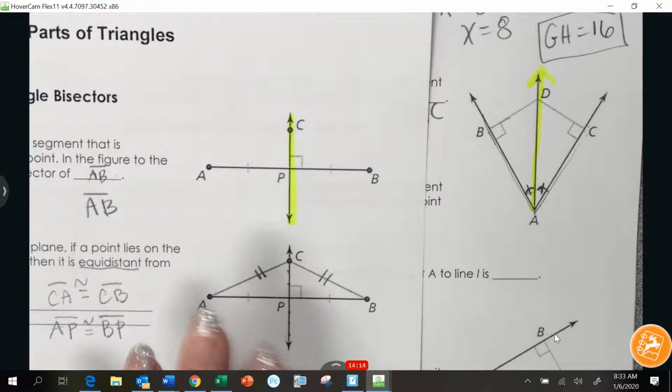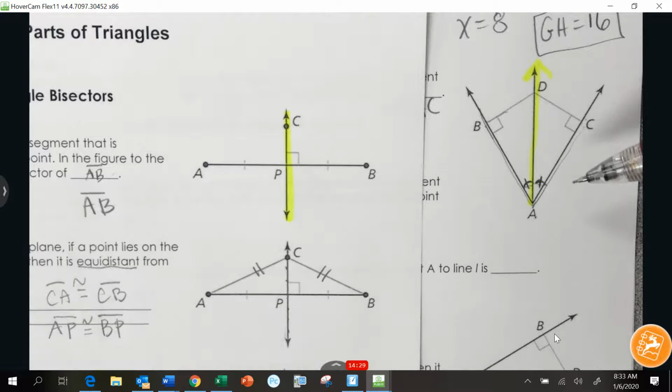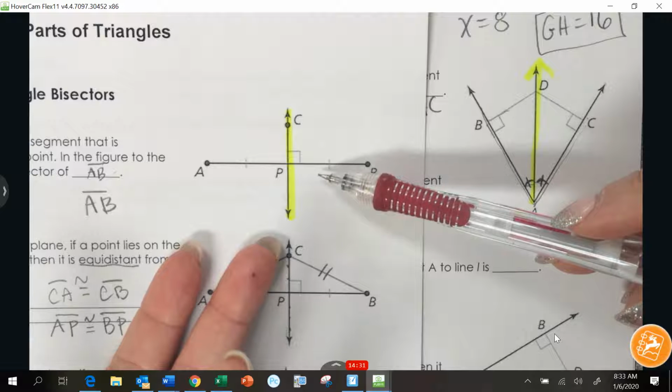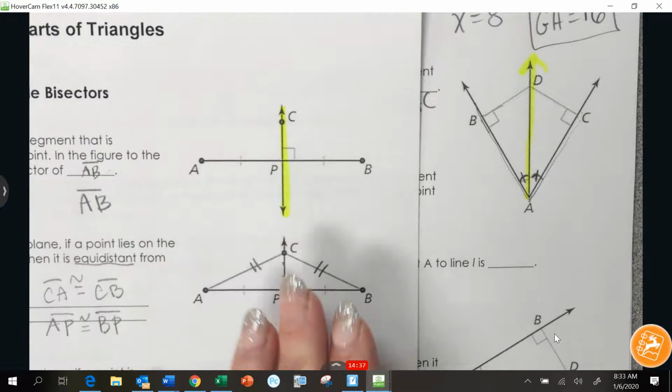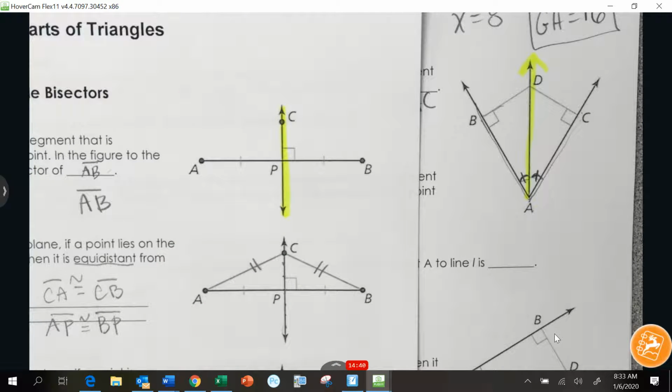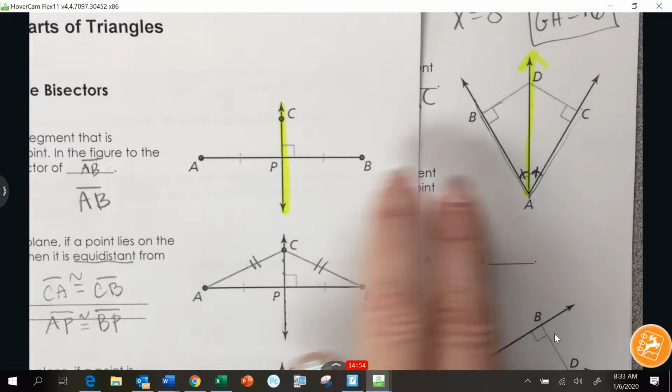There's an angle bisector. How are they different? One's a line and one's what? In this case, yes. I think this one could be a ray. So I would say there's something more. Matthew, can you add on something to that? Instead of it bisecting it and having two congruent segments, it has two congruent angles. Sure. This one makes two congruent segments. This one makes two congruent angles.